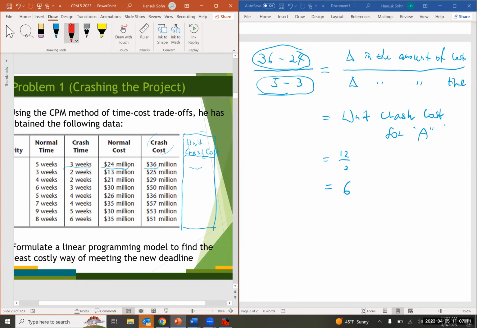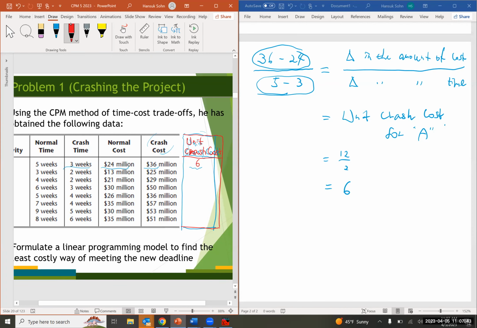Let's use red. So I'm going to call it unit crash cost. That's going to be in this last column. And for the activity A, that's going to be 6.